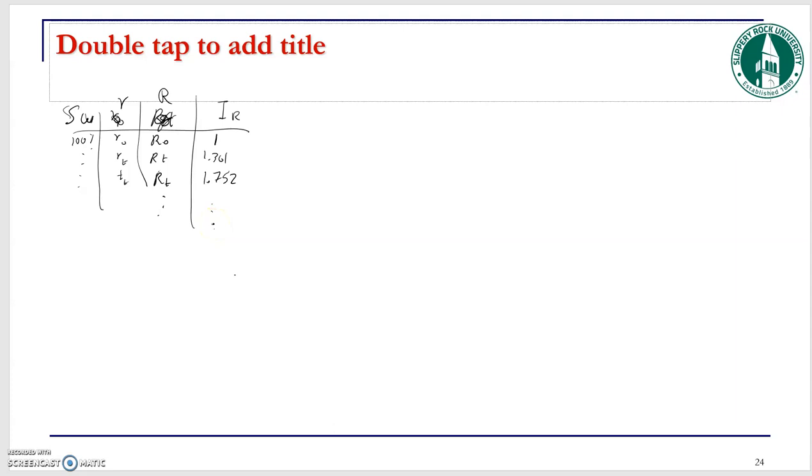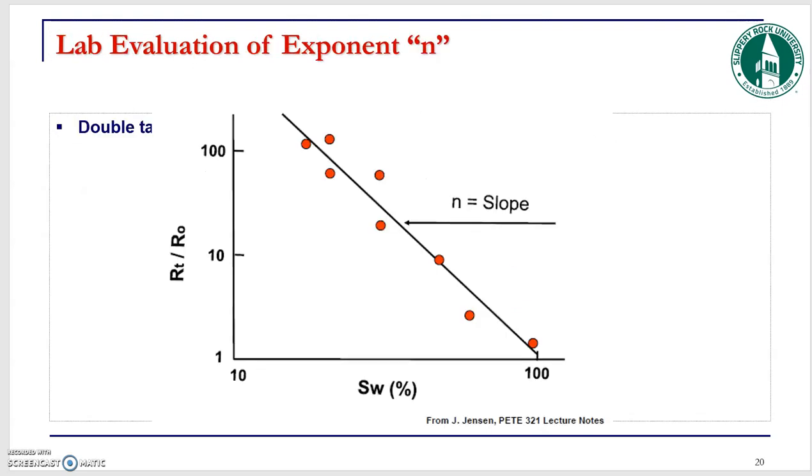Now, the next thing is to go to Excel, make a log plot of your resistivity index IR as a function of water saturation and fit an equation to it, right? Remember what we talked about in previous slides. If you plot RT over RO, which is the resistivity index, as a function of water saturation, the slope of that line is n, right?